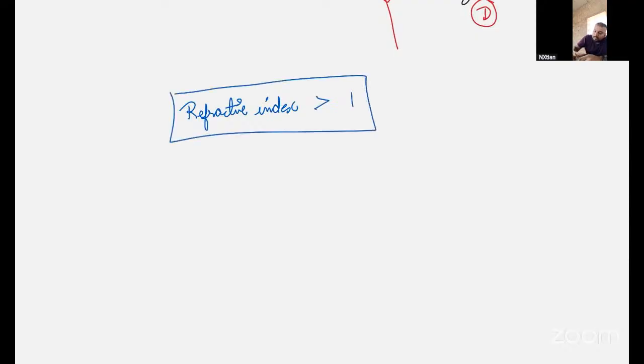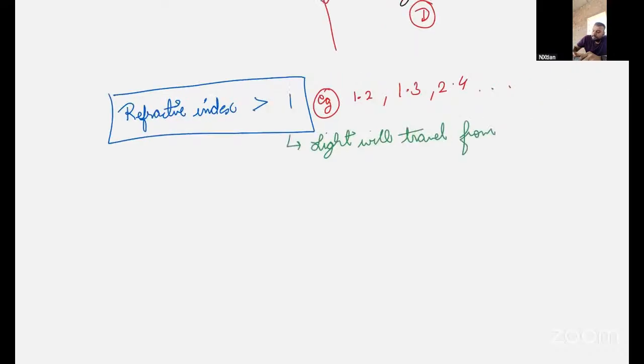If the refractive index value is more than 1, for example 1.2, 1.3, 2.4, like this, then in this case light will always travel from the rarer medium. We will make some points.